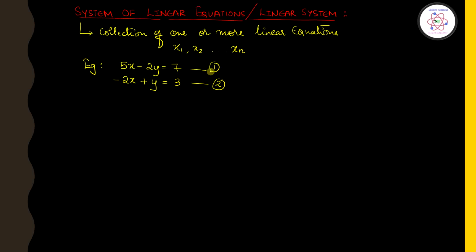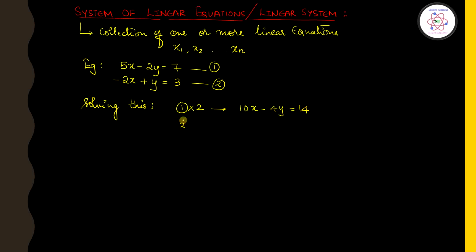Let us solve this system of equations. If you observe the variable x, you have 5 here and 2 there. So equation 1 can be multiplied by 2. This becomes 10x minus 4y equals 14.